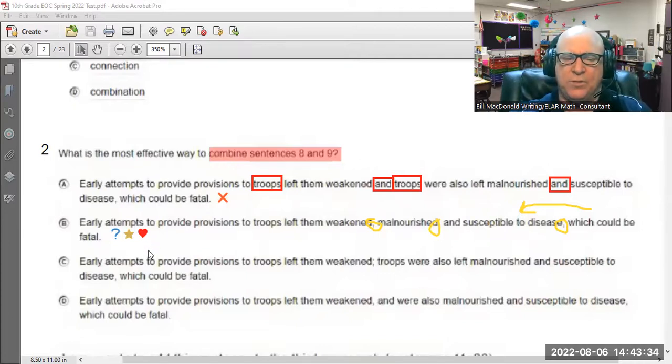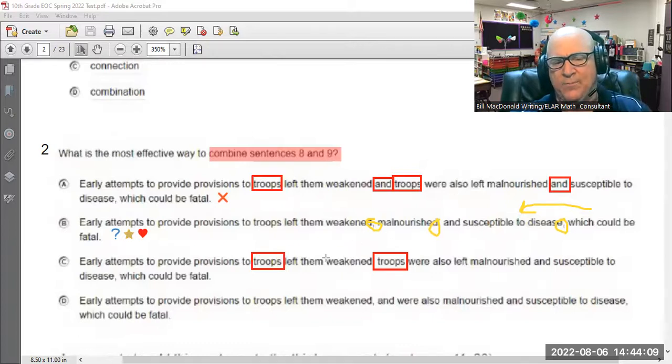Option C: "Early attempts to provide provisions to troops left them weakened, troops." Since I have "troops" twice, I don't want to use repetition. So that's not the best choice. We're also "left malnourished and susceptible to disease, which could be fatal."